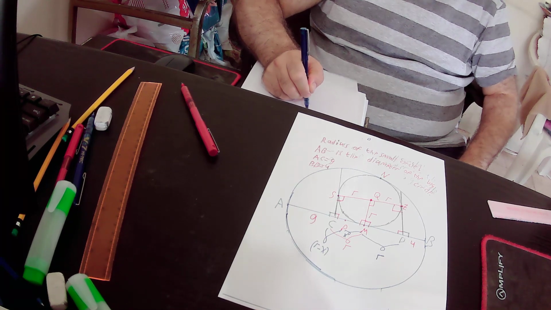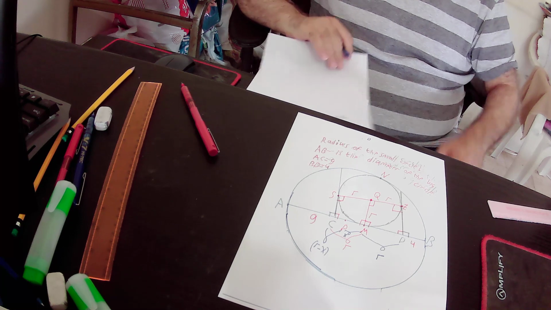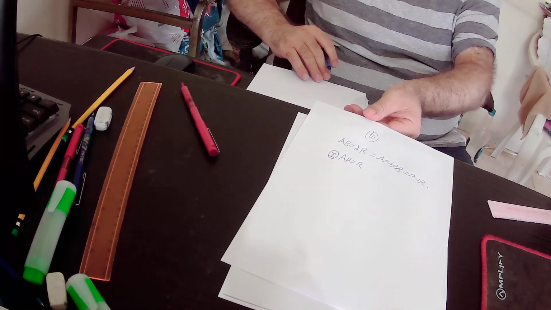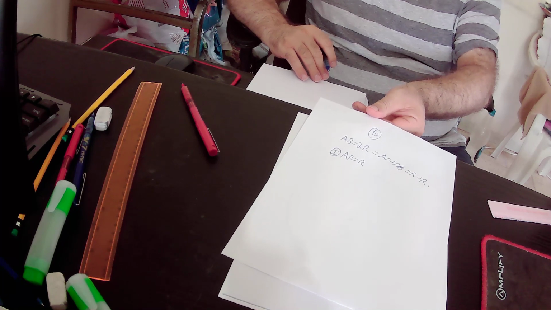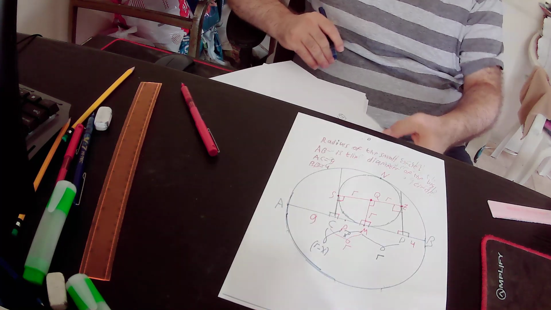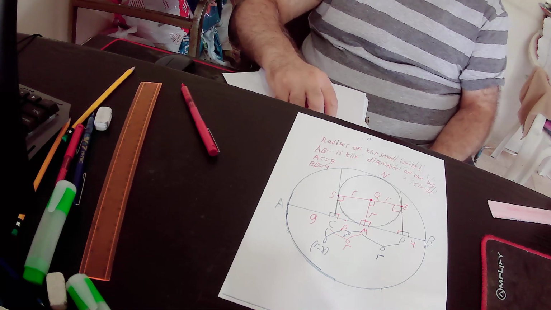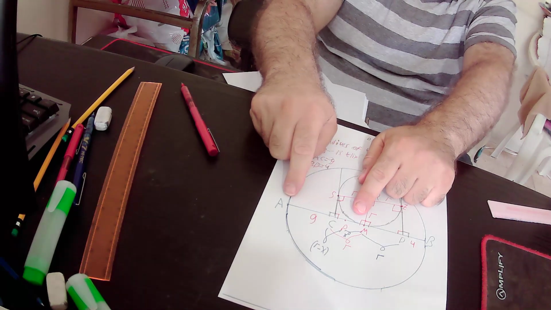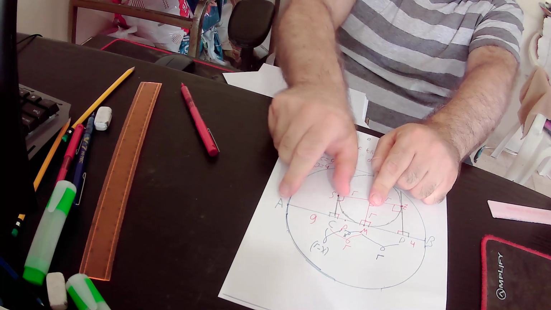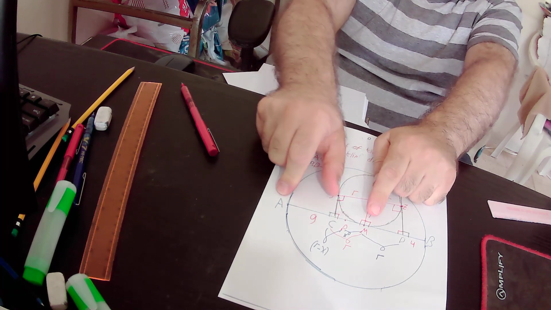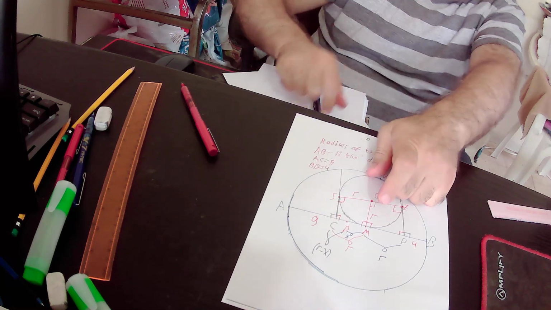But what is the value of AP? AP equals AC plus CP. Very simple.